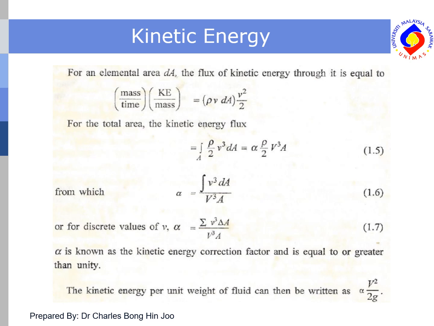The kinetic energy per unit weight of the fluid can then be written as alpha v squared over 2g.